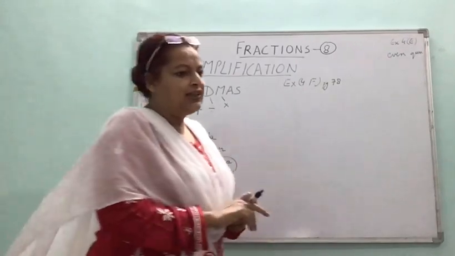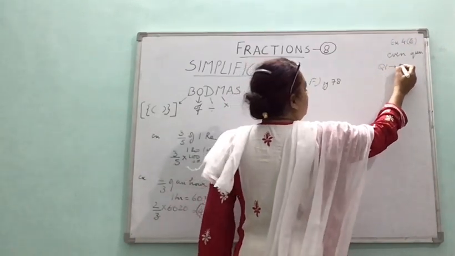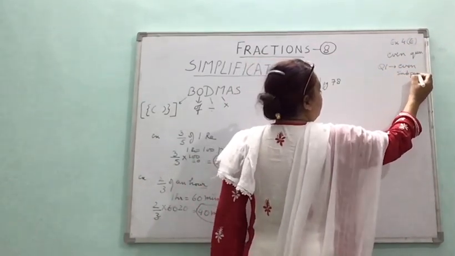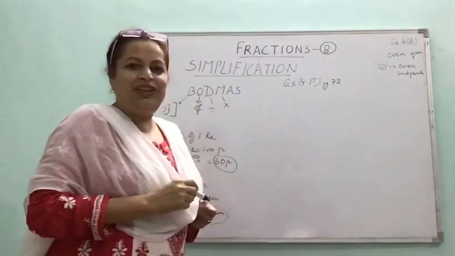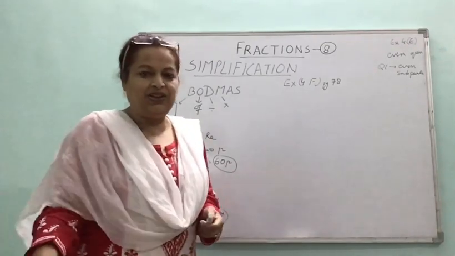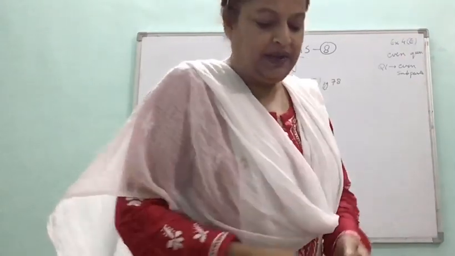Like in question number 1, you will do even subparts, and then even questions after that. That doesn't mean you will leave the first question, right children? So we'll do some simplification questions. I'll select 4 questions and try to do them today.